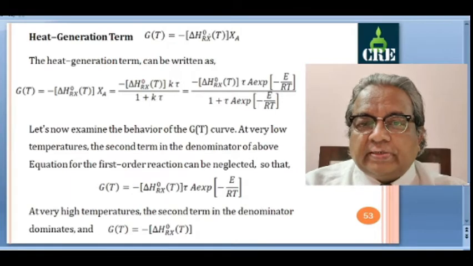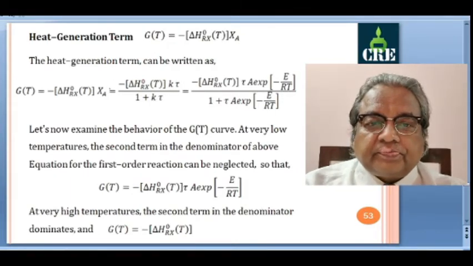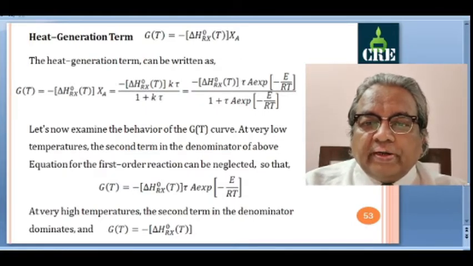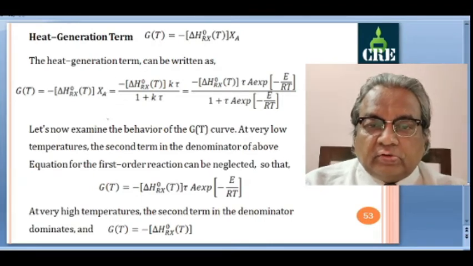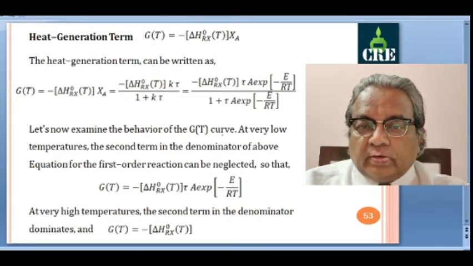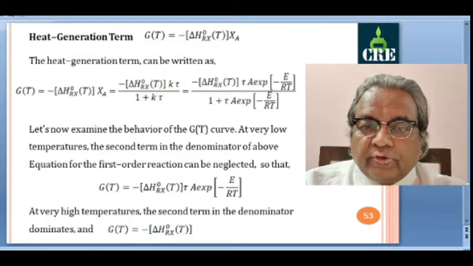So minus delta HR at any temperature multiplied by XA, that is conversion. So XA is K tau by 1 plus K tau. For K tau, tau is there, you substitute K is equal to A into e raised to minus E by RT, and then let us examine this generation term G of T. So at low temperatures, this value will be higher.